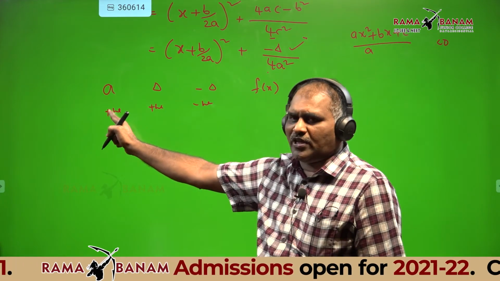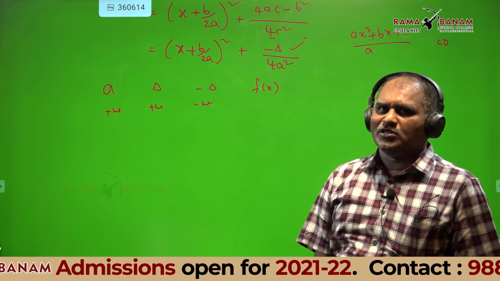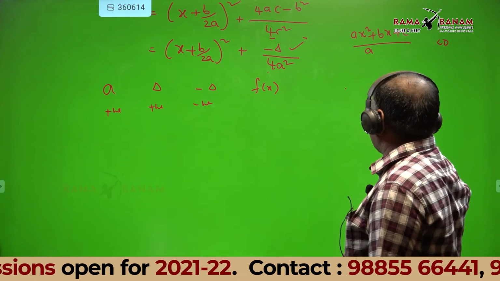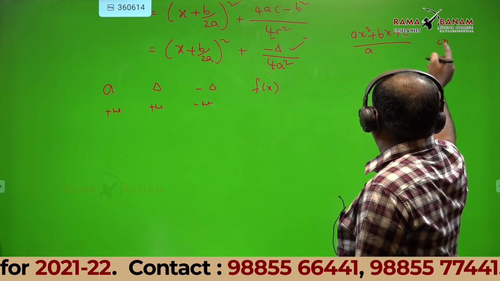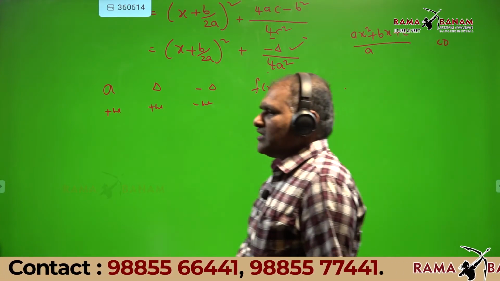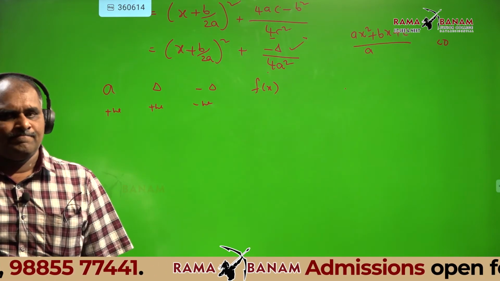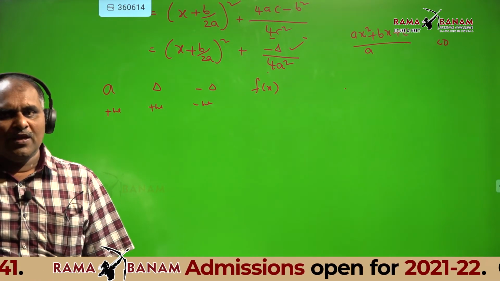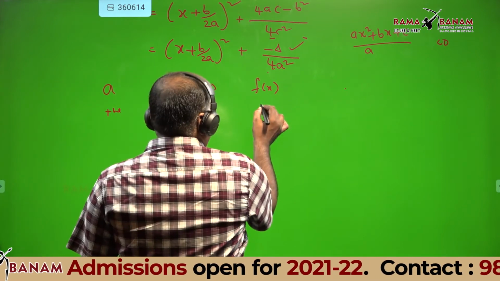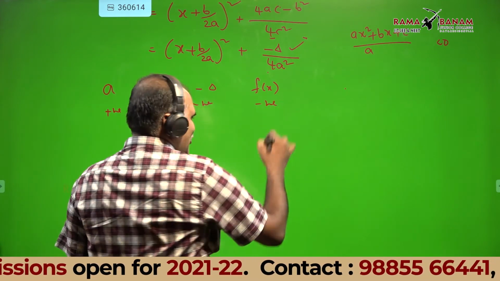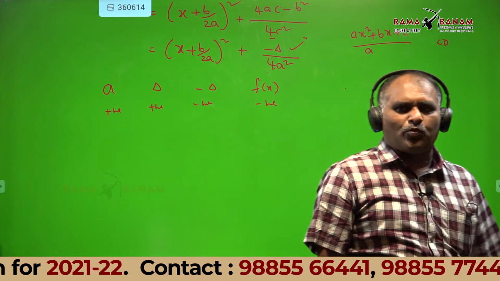Already in this case, what is a? Positive. Therefore, a positive, total negative means ax square plus bx plus c is negative. Therefore, f of x is negative. Do you understand that point?